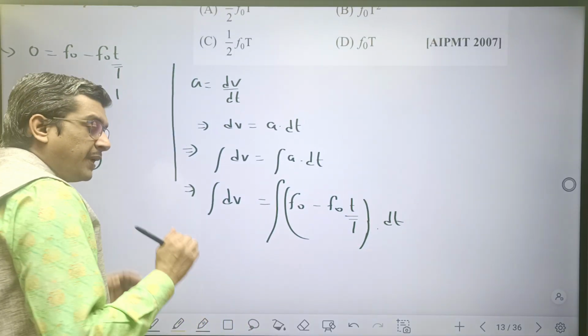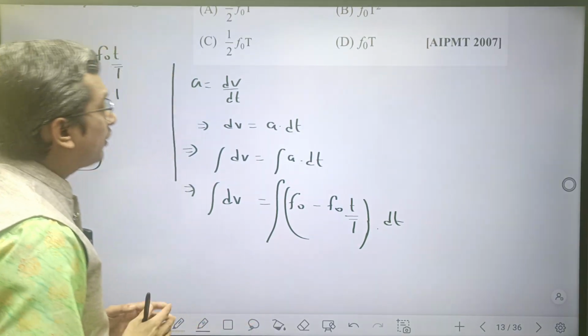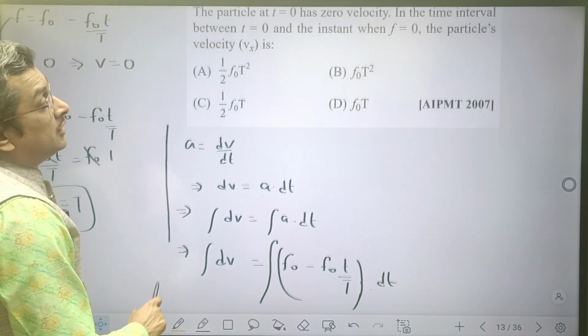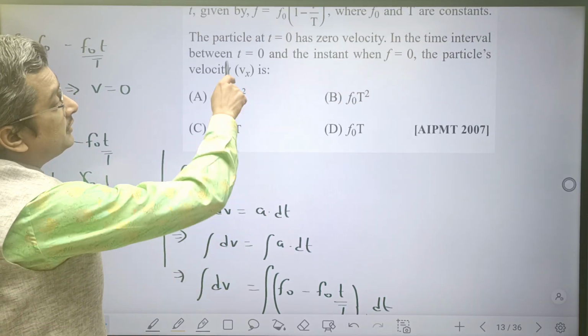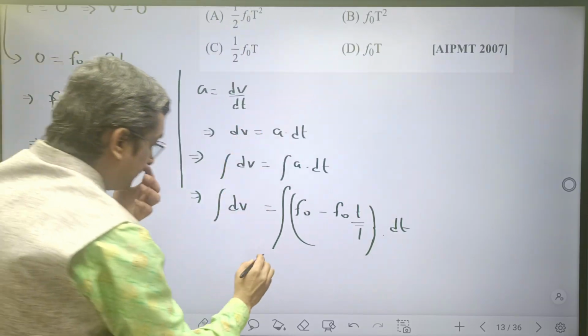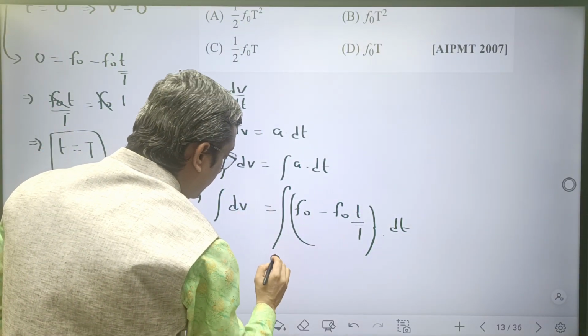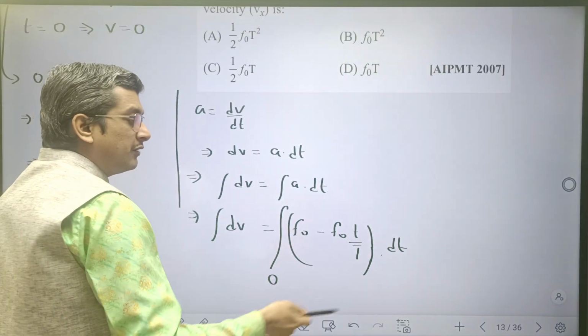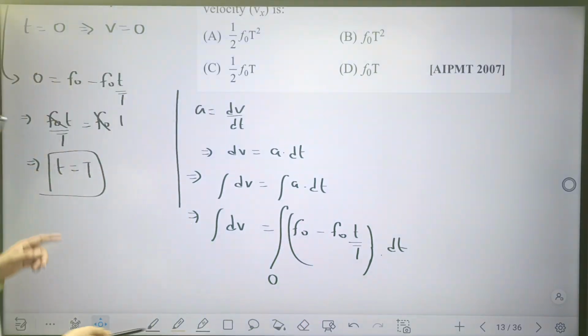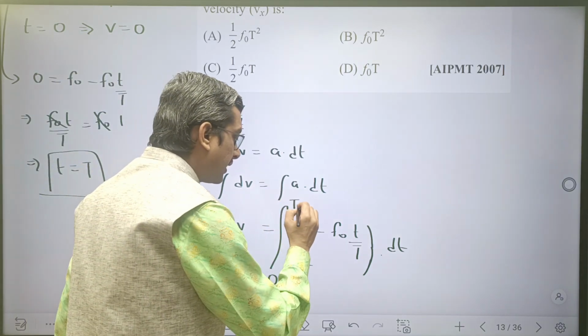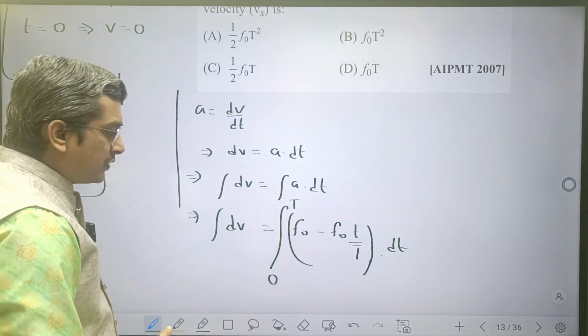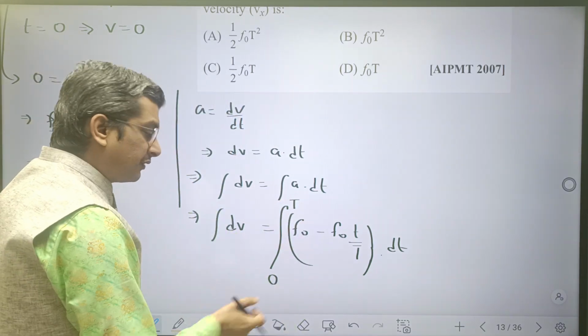Now, apply the limits carefully. It is given that in the time interval between t is equal to 0, so here the limit is from t is equal to 0 to the instant when acceleration becomes 0. So acceleration becomes 0 at time T. Here we have found out that value. Now we have to apply the corresponding limits in velocity.